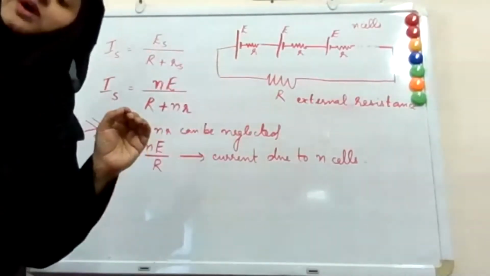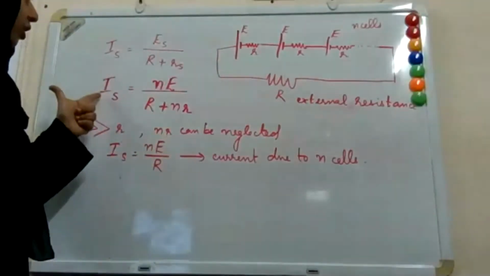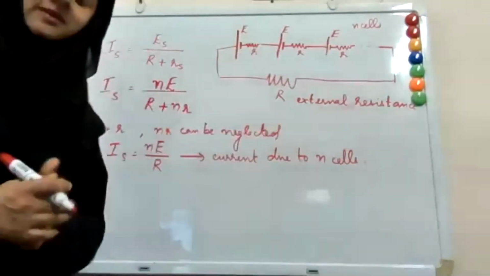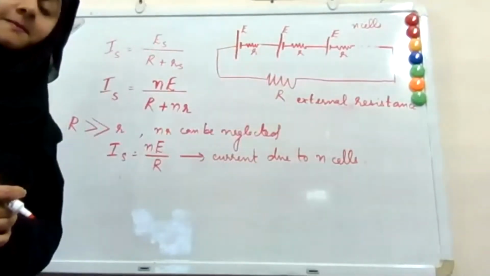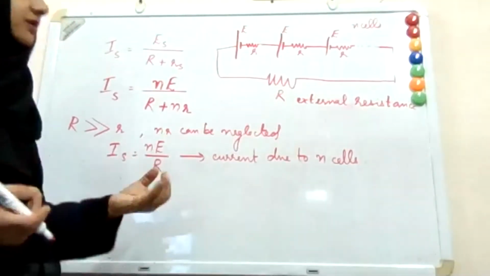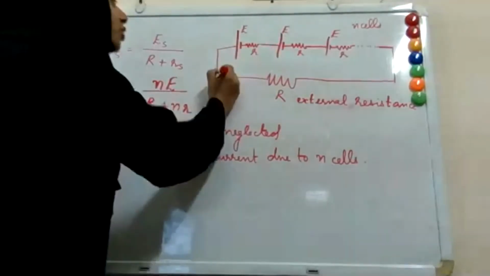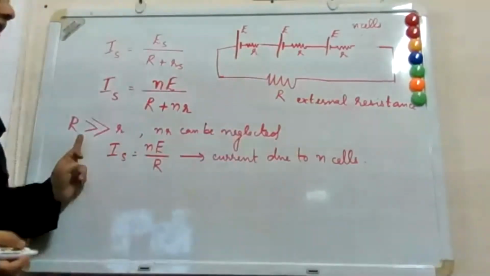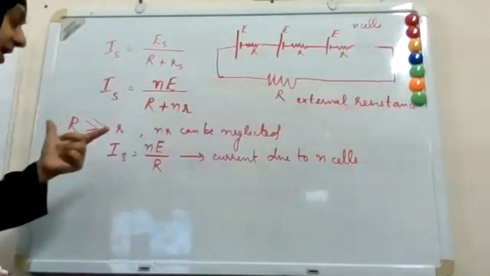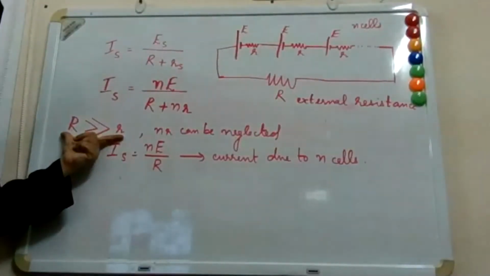How much current will be obtained if we connect 3 cells? 15. We will get 15 amperes. So if you connect more cells in series and capital R is very much bigger than small r, we can get high current.